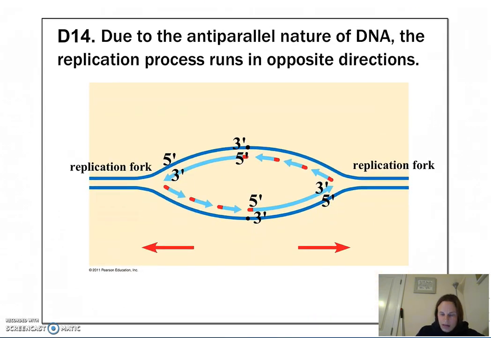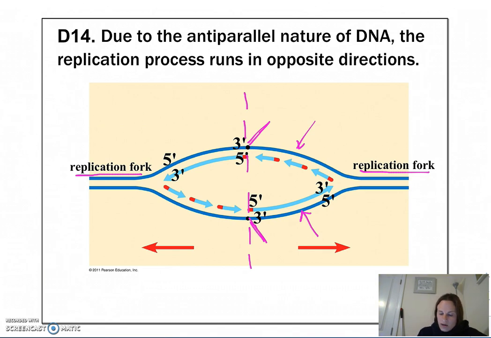So here's what I want to go over with you guys. Here is our origin of replication. Do you see how I can kind of separate this in half? And notice that I've got 2 different replication forks, where this top strand is a parent strand and this bottom strand is also a parent strand. They act as the templates.